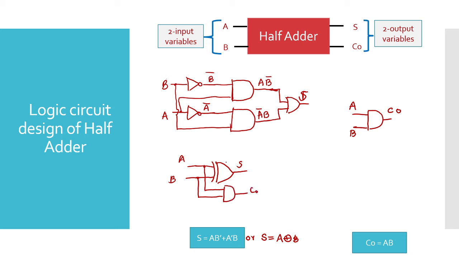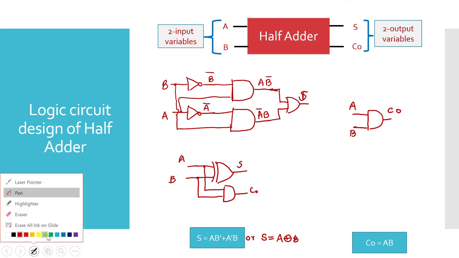If you use an XOR gate for S and an AND gate for C0, this is the full circuit for the half adder.